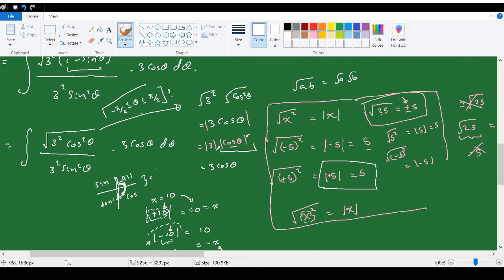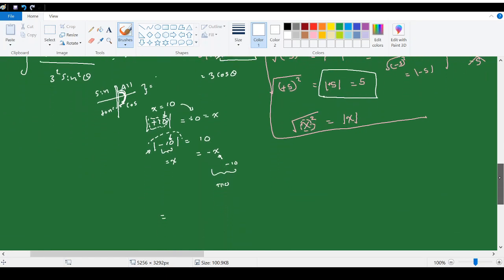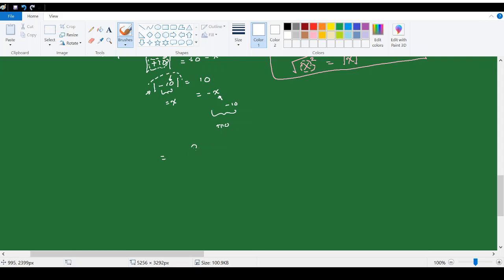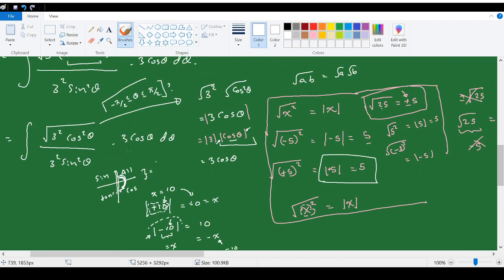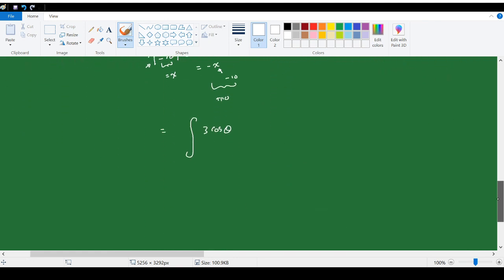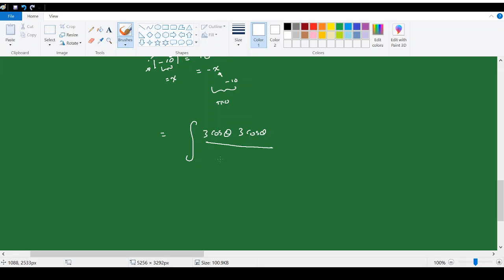So this is equal to 3 cos theta. That means our integral will have 3 cos theta, and this one will be the same, 3 cos theta, and in the denominator you have 9 sine squared theta.